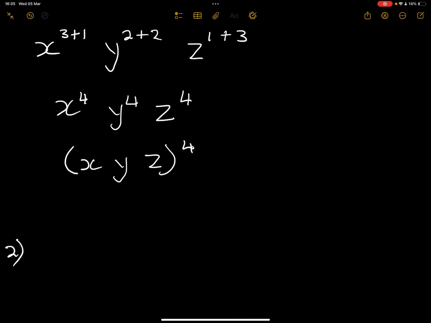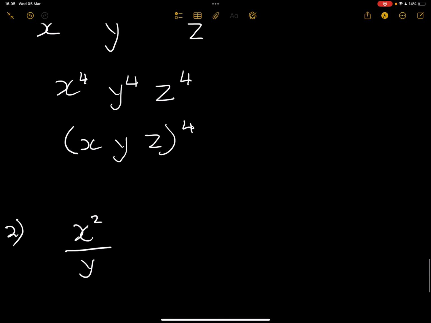All right, so we're going to take just a couple more exercises. If I've got x squared over y, and all of this is raised to the exponent of 3, what do I have in this case?